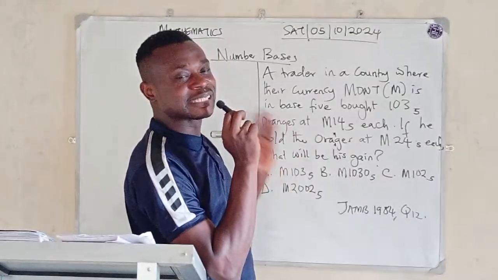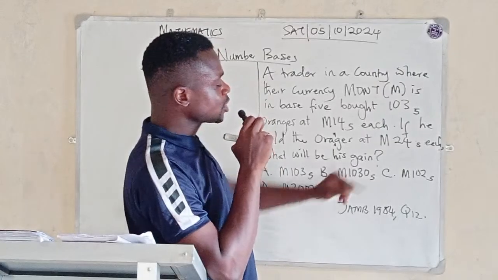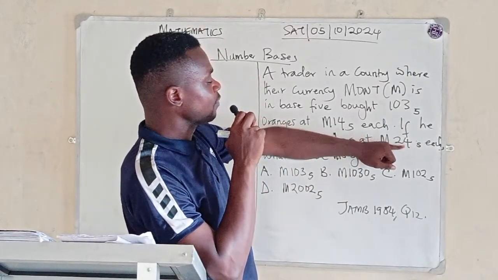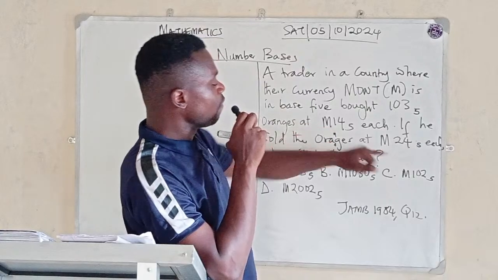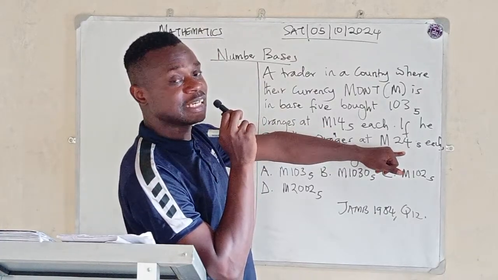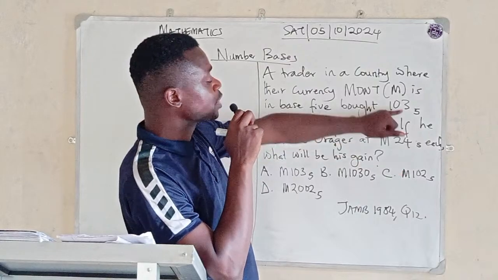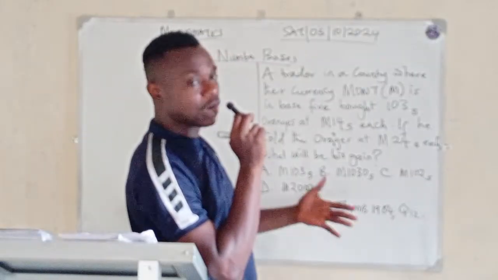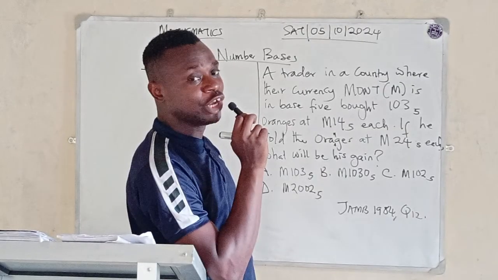Since we are talking about the same number of oranges, we can simply subtract M14 to base 5 from M24 to base 5. Whatever the difference is, we use it to multiply the total oranges involved. It will give us the answer.